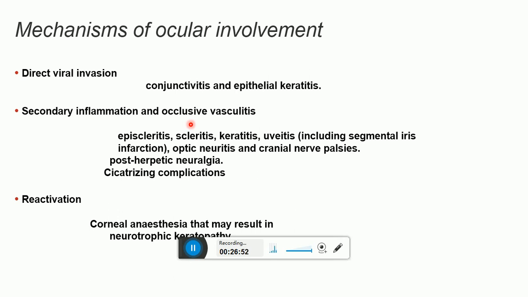Inflammation and destruction of the peripheral nerves or central ganglia, or altered signal processing in the CNS, may be responsible for post-herpetic neuralgia. Cicatrizing complications may arise following severe eyelid, periocular, skin or conjunctival involvement. Reactivation causes necrosis and inflammation in the affected sensory ganglia, causing corneal anesthesia that may result in neurotrophic keratopathy.